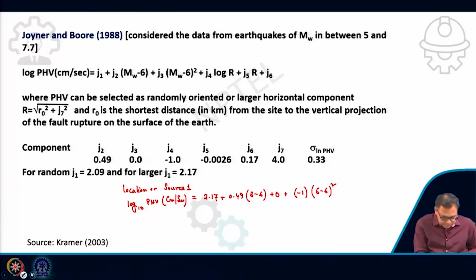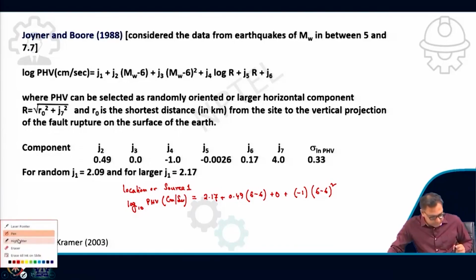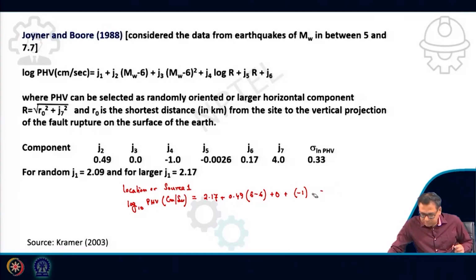J3 is 0, J4 is minus 1 into log 10 R, R is 50.